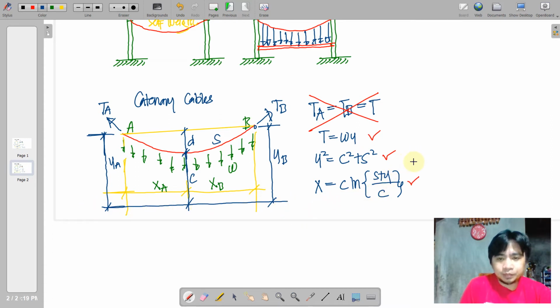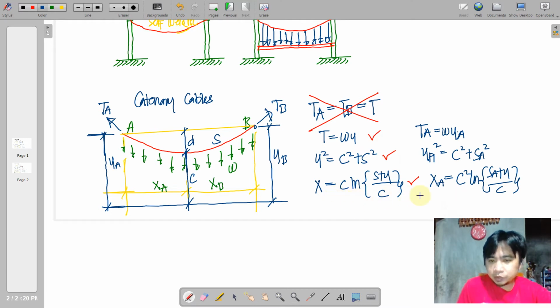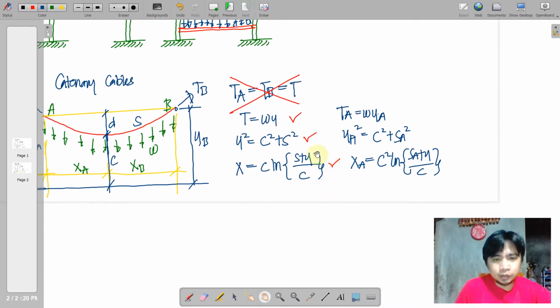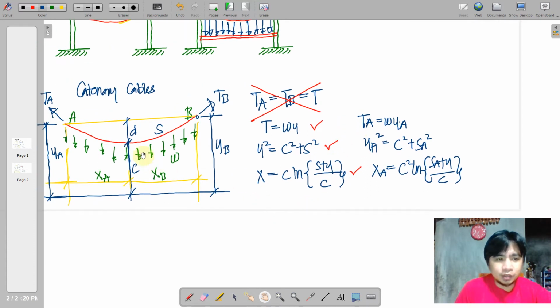So we form an equation for tension at A. Say this should be W times yA. With this equation and this third expression, we place a subscript A for the left portion.